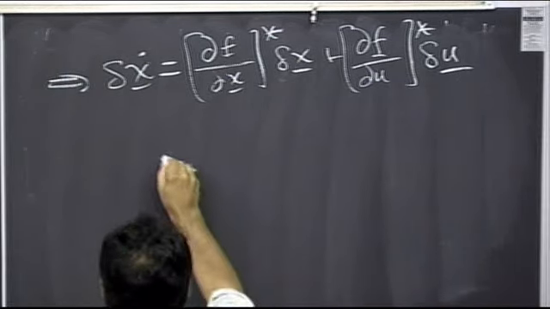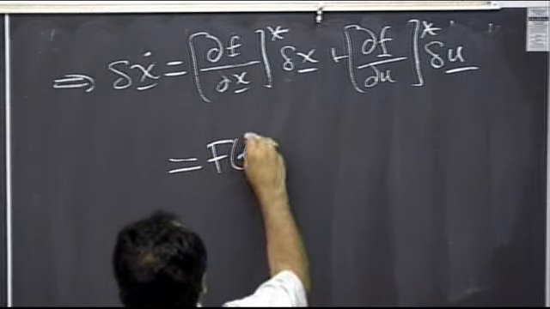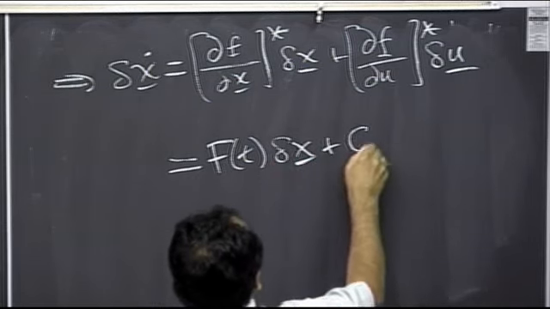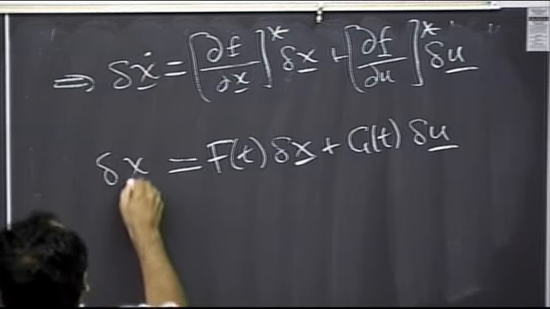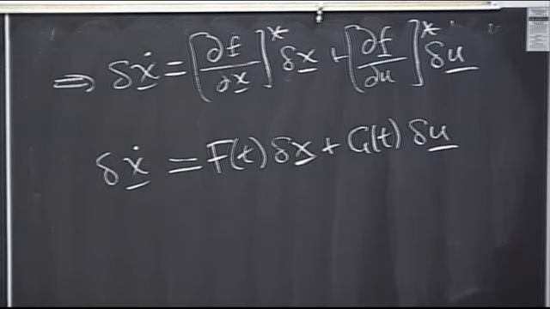Now suppose, just for simplicity, I define these as F of t and G of t. Then I get those dynamics right there. Those are the linearized dynamics. So what I've done is approximate the cost functional with a quadratic, which is sitting here.